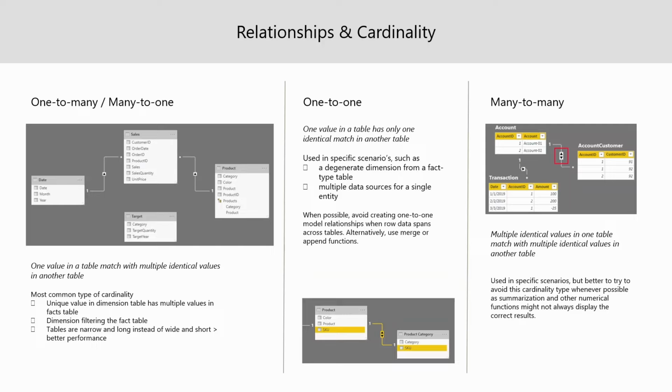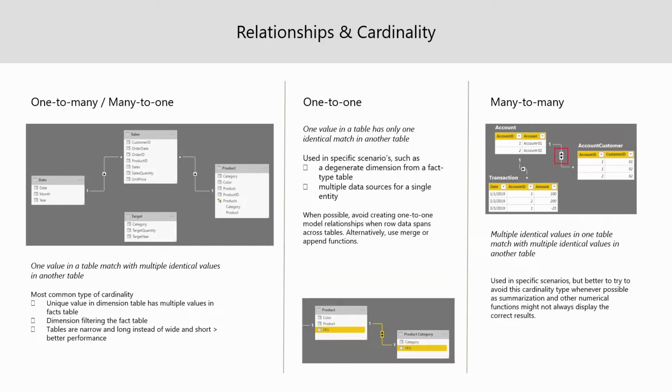Now, one-to-one is when we have one value in a table that matches another single value in another table. It's used in specific scenarios such as a degenerate dimension from a fact type table or multiple data sources for a single entity. When possible, it's better to avoid these and use merge or append functions instead.